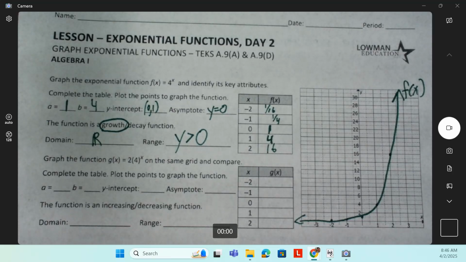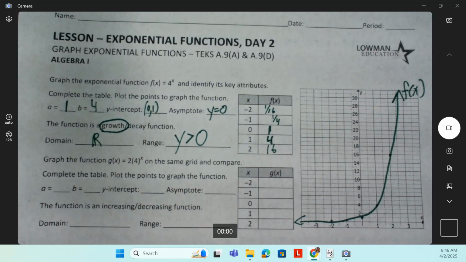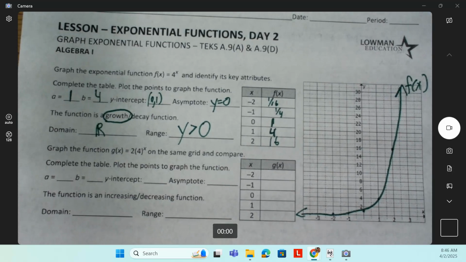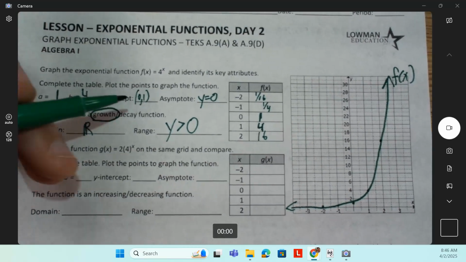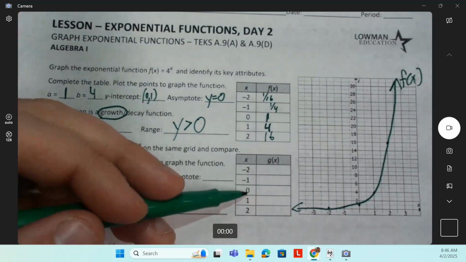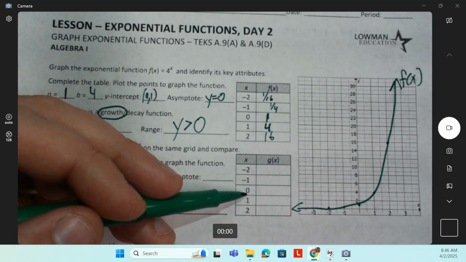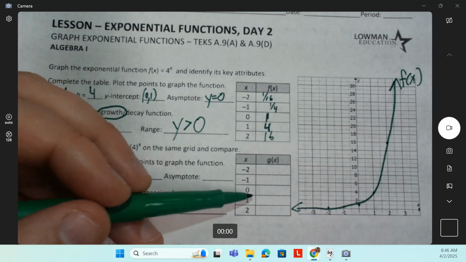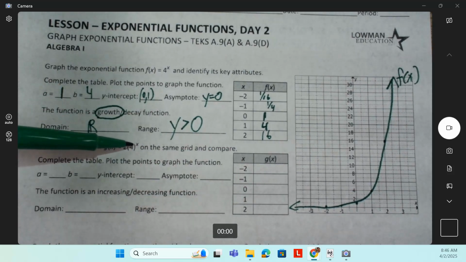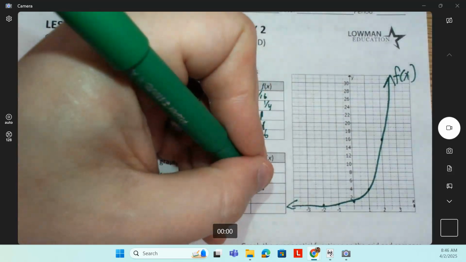Okay, now we'll look at one that has that a value in the front. So if I do 2 times 4 to the x power, now when I'm at 0, 4 to the 0 power is 1 times 2 is 2.